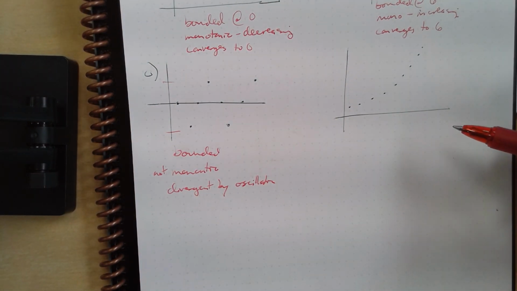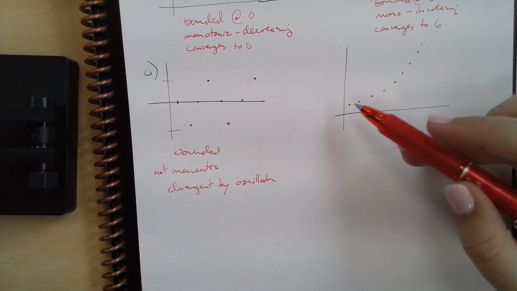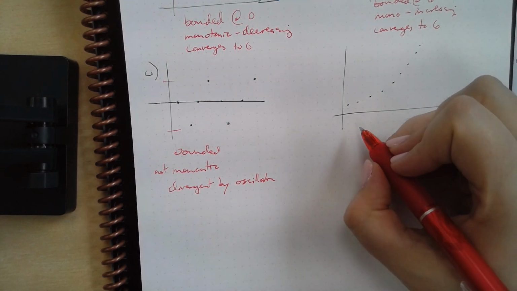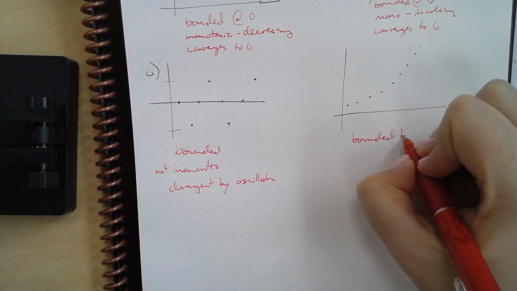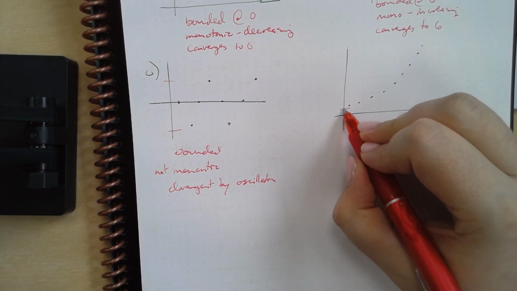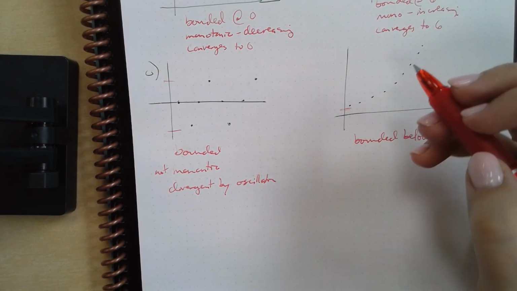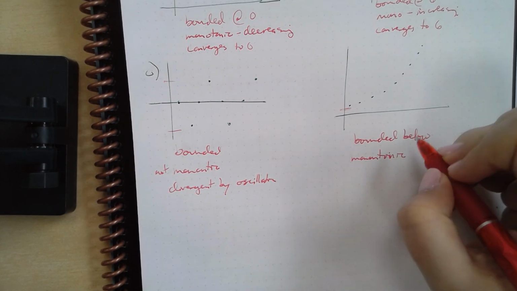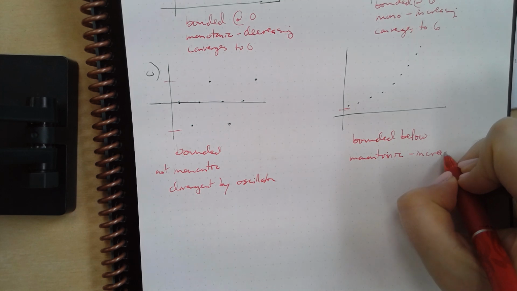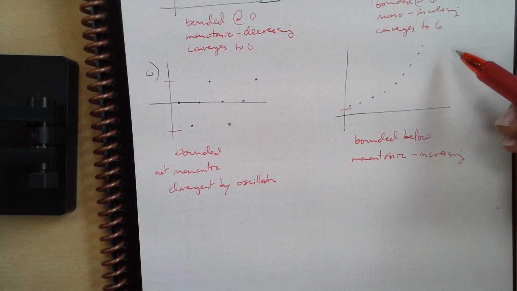What about this here? Is it bounded? Well, it looks like it kind of is bounded. It's bounded below right here. But is this monotonic? Yes, it's monotonic. It's increasing. But is this convergent?